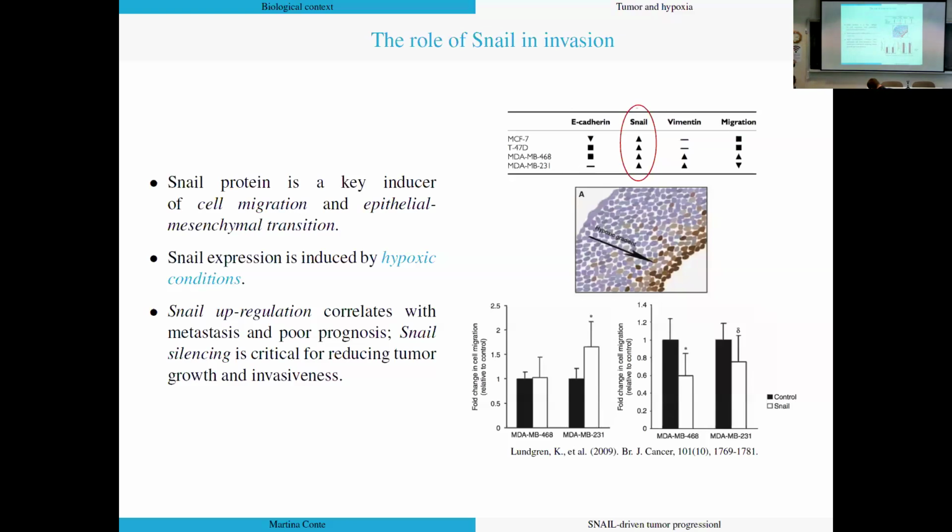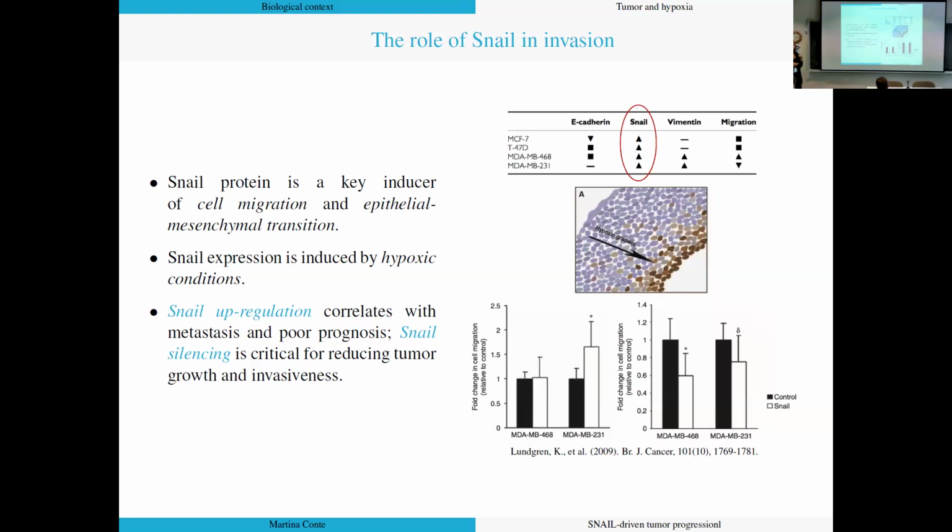Moreover, there are also other studies that look at the way upregulation or silencing, or downregulation, of this gene, and consequently the protein, can affect the way cells migrate. For instance, here at the bottom we have two examples, again with different breast cancer cell lines.